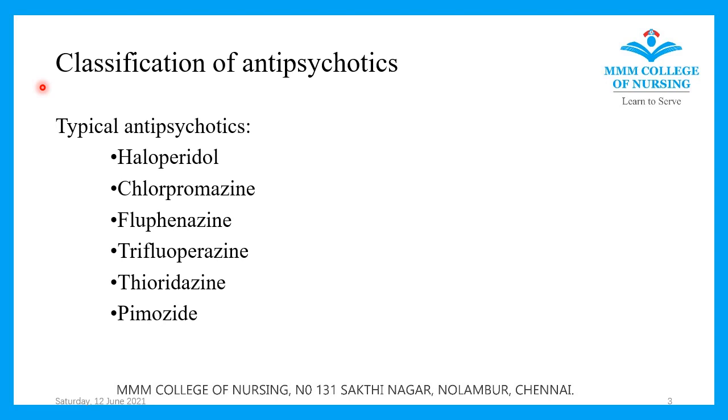Now, let us see the classification of antipsychotic medications. They are spread into two broad categories, namely the typical antipsychotics and atypical antipsychotic medications. The typical antipsychotic medications have high potency.